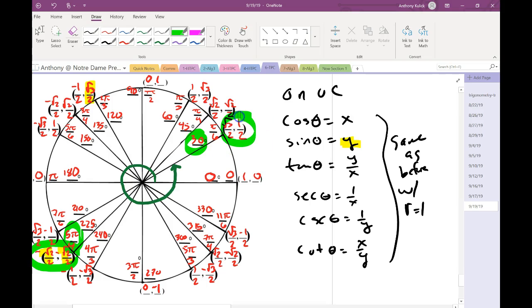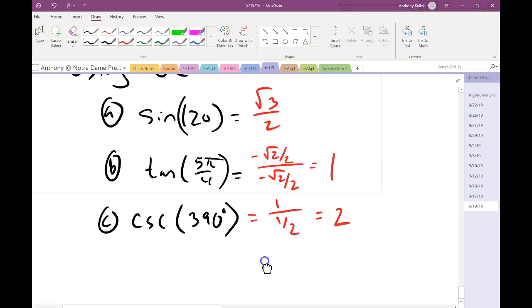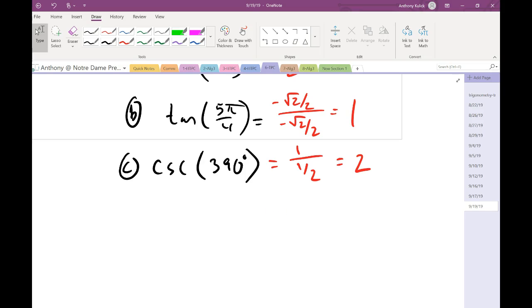So the point associated with 30 degrees is here. And I know that cosecant is 1 over y. The y in our case is 1/2. So cosecant of 390 is 1 over 1/2, which is just 2. Okay with that idea? All right.